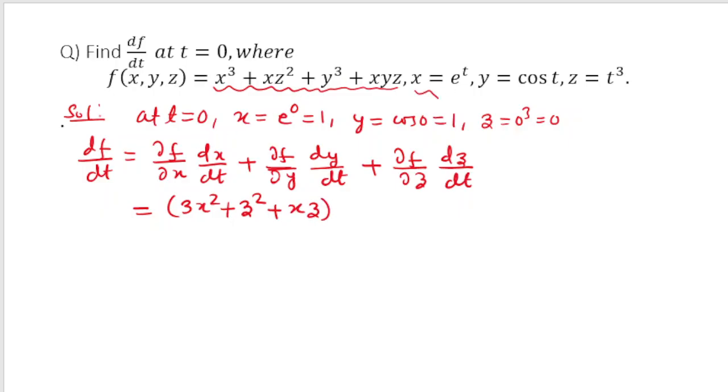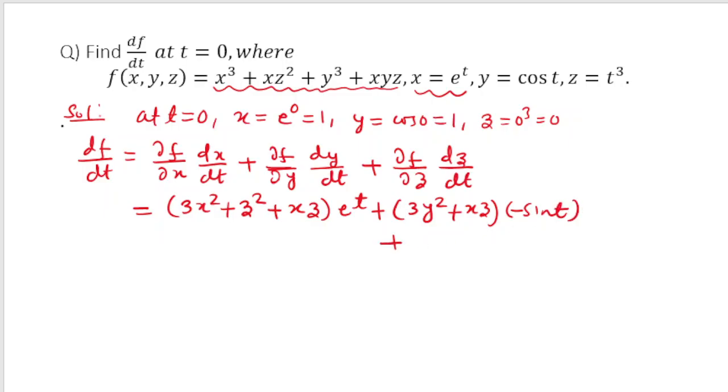dx by dt, so x is equal to e to the power t, so this will give me e to the power t, plus del f by del y. So if I differentiate this with respect to y, the first term will give me 0, the second term will give me 0, the third term will give me 3y square, and the last term will give me x into z. And dy by dt, so it is cos t, so it will become minus sin t.